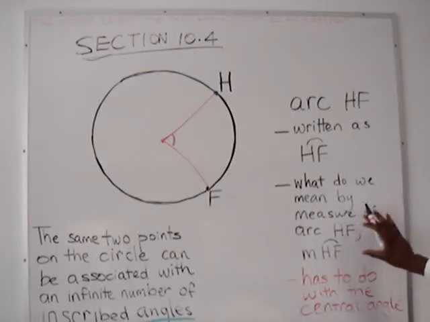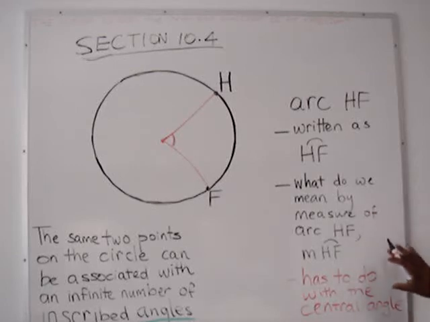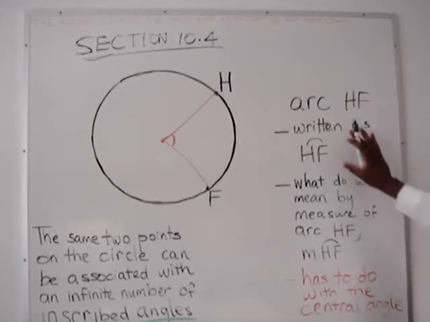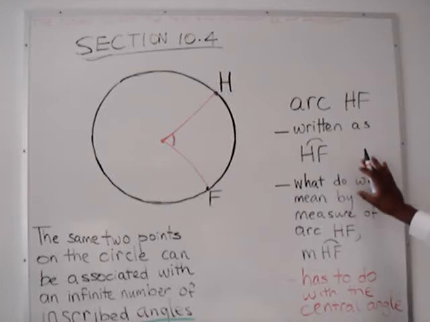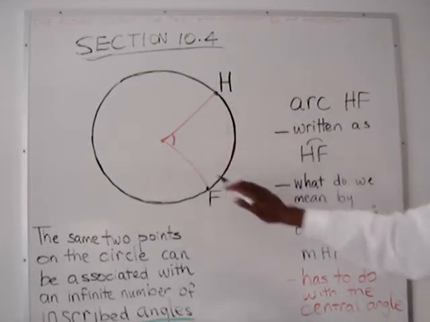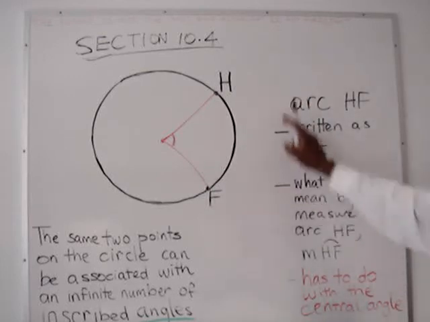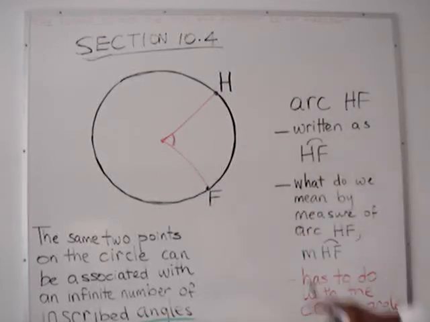The measure of arc HF has to do with the central angle that is associated with arc HF. Listen to that carefully. The measure of an arc HF has to do with the central angle that is associated with that arc or those 2 points.